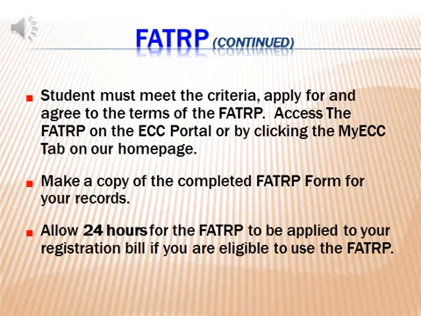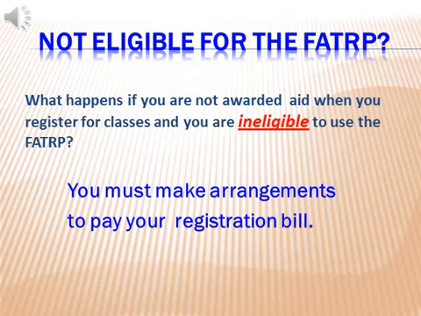Access the FAT-RP on the ECC portal or by clicking the My ECC tab on our homepage. Make a copy of the completed FAT-RP form for your records. Allow 24 hours for the FAT-RP to be applied to your registration bill if you are eligible to use the FAT-RP.